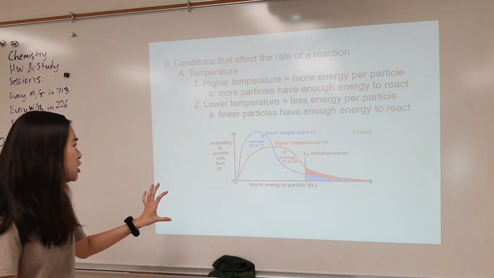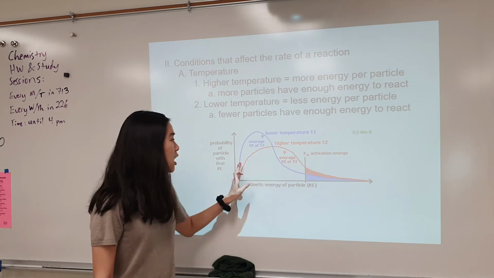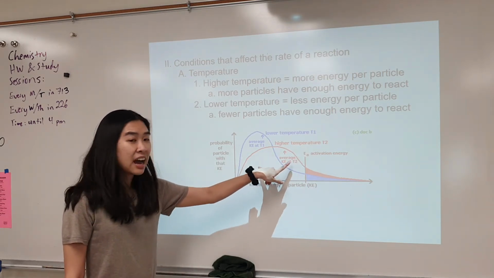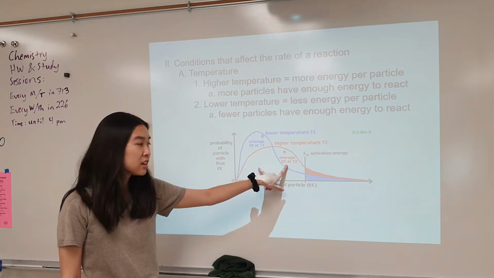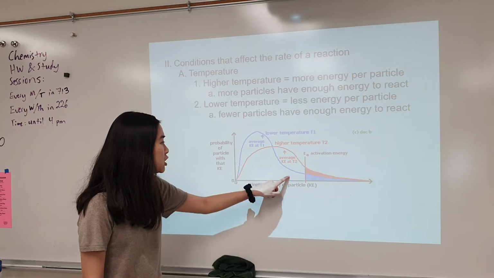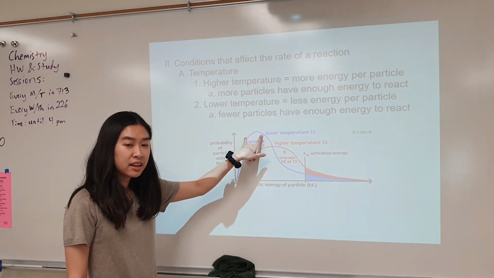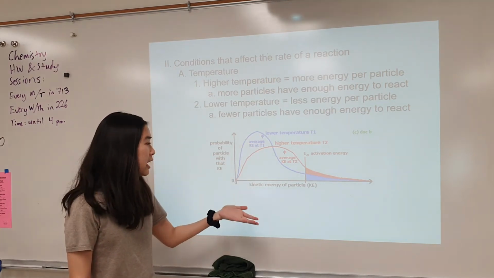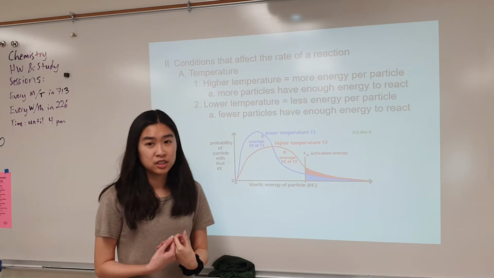This graph is just showing that substances at a higher temperature, even more of them have a higher kinetic energy, and so more of them are likely to collide with each other and form the product. Whereas substances with a lower temperature, even though there's a lot of kinetic energy here, less of them have that needed kinetic energy to create the product that we want, and so less of them will collide with each other.